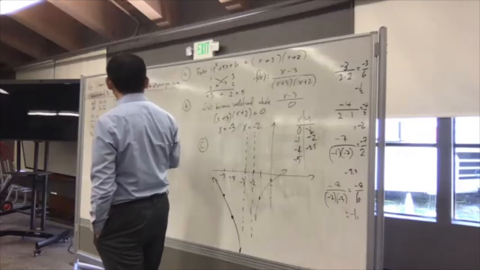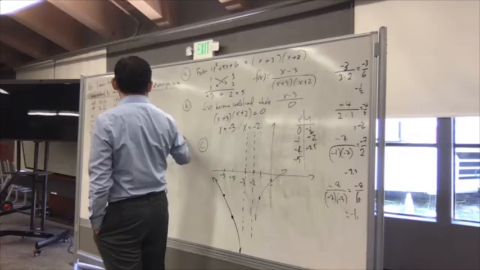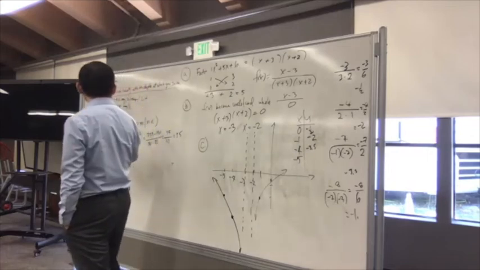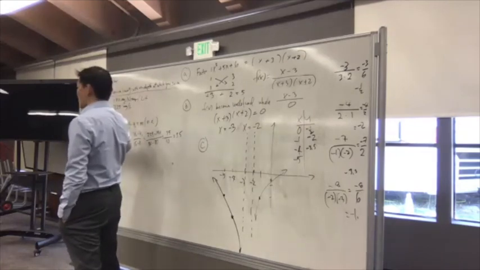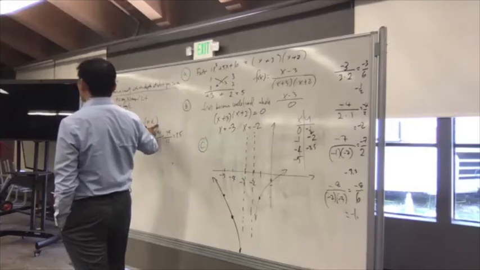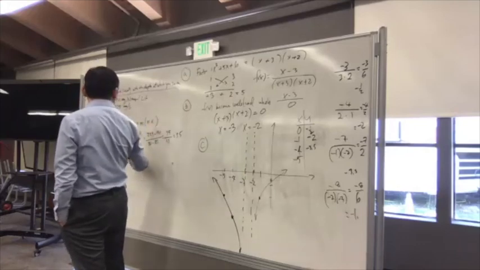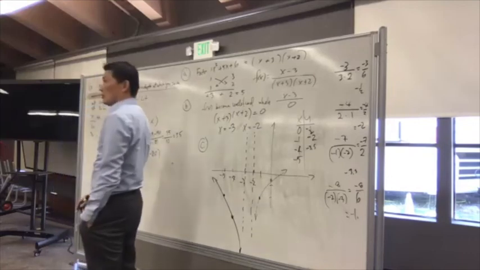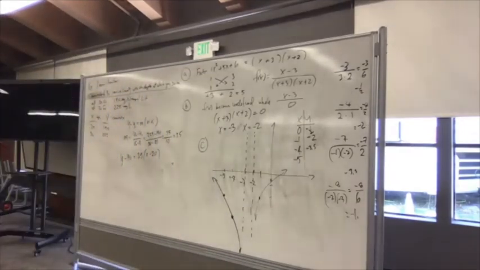So what do you have? 35 over 10, which is 3.5. Then for your equation, you can pick any one of the points. You can use the 20 and 190, or you can use the 30 and 225 and put it back into this equation. So you have y minus 190 is equal to 3.5 times x minus 20. Simplify this, then you have the equation to work with the rest of the problem.